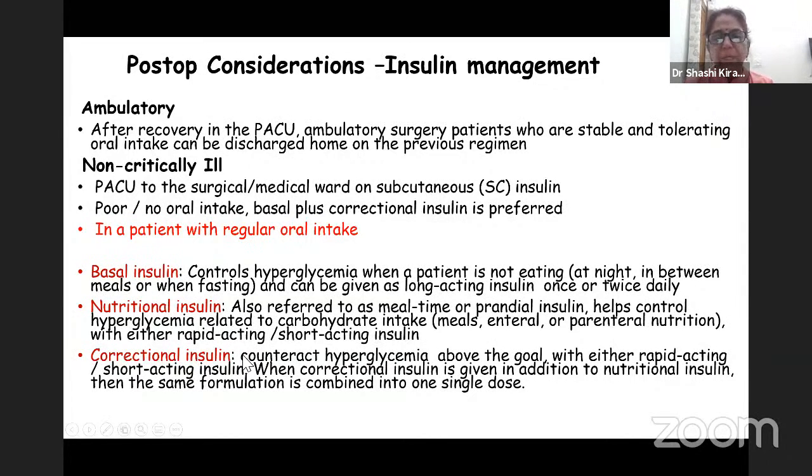Correctional insulin is used to counteract hyperglycemia. You take the patient's current glucose level and the desired level, subtract those and divide by 50. That gives the units of insulin, known as correctional insulin, that is given over and above the infusions which are going on.